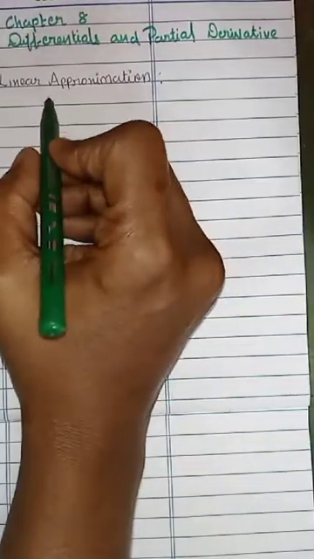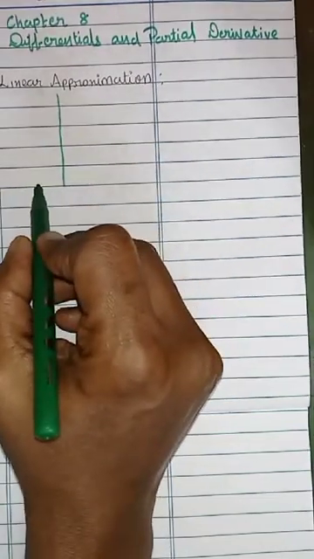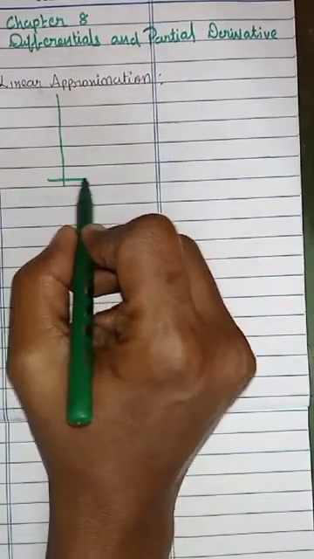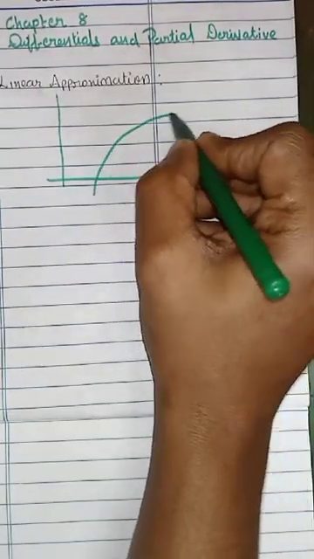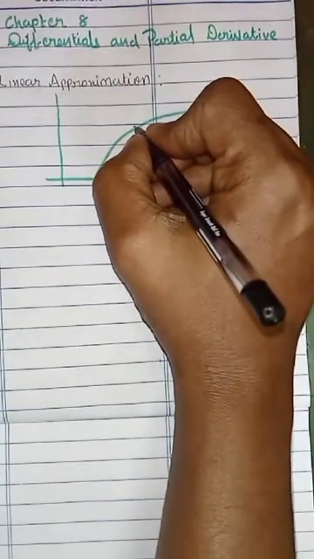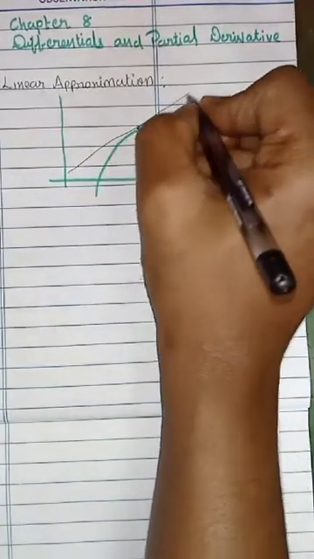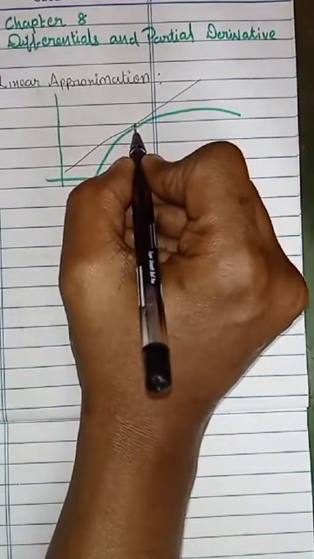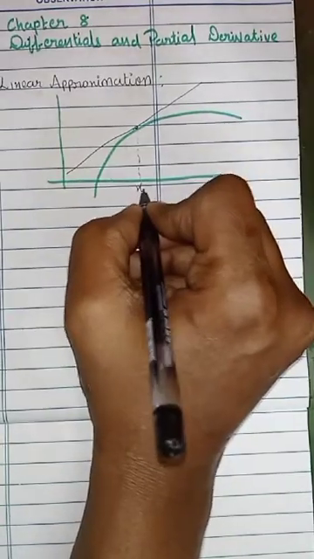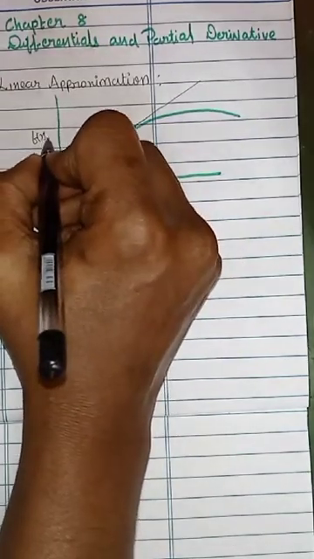What is linear approximation? We are taking one curve like this. In that curve, at one single point, we are drawing one tangent. Now at this point, your x value is x naught and your y value is f of x naught, that is y, correct?